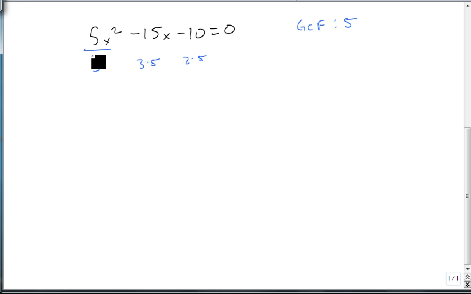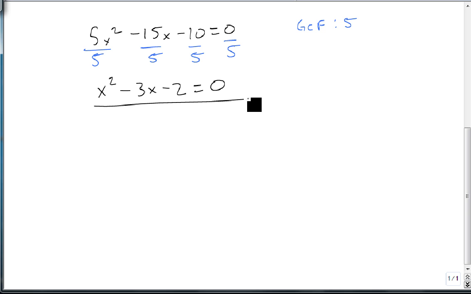So we're going to divide everything by 5 to make our numbers smaller, including the 0. So 5x² divided by 5 is x², -15x divided by 5 is -3x, -10 divided by 5 is -2, and 0 divided by 5 is still 0. So again, we've created a new equation that's going to be easier to evaluate because the numbers are smaller.